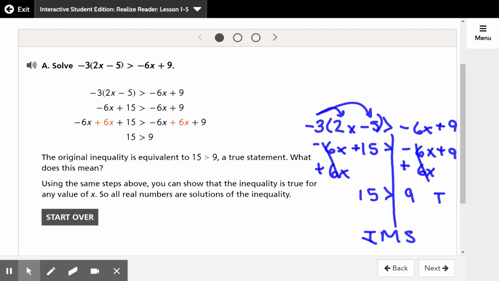That's our answer. So if I plug in 10 into x on both sides, then we're good to go. It's still going to be a true statement. If I plug in negative 2.8, it's going to get you a true statement.